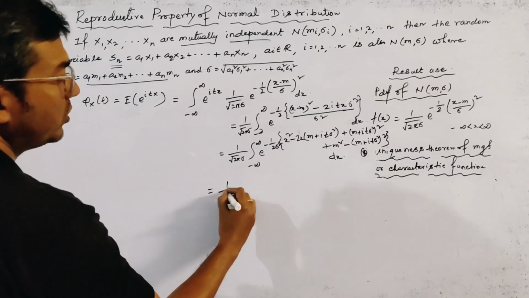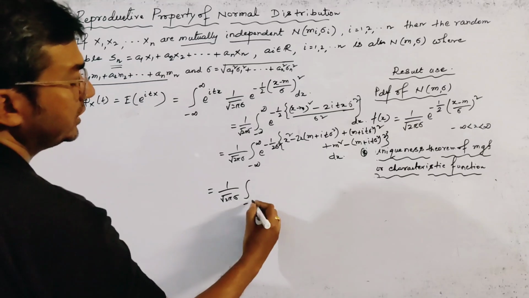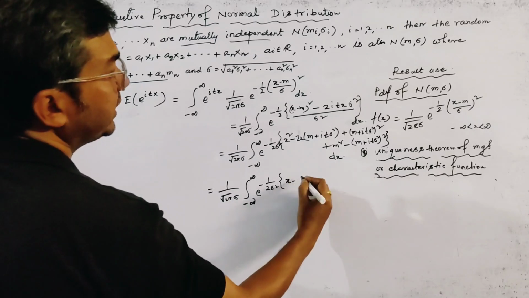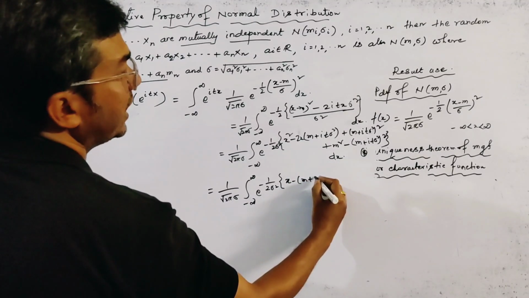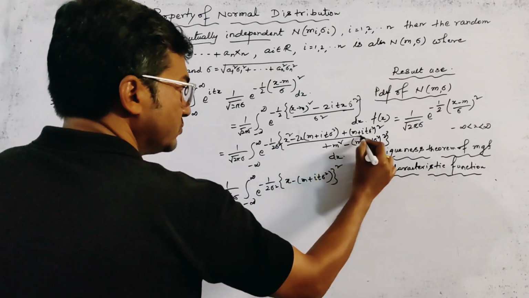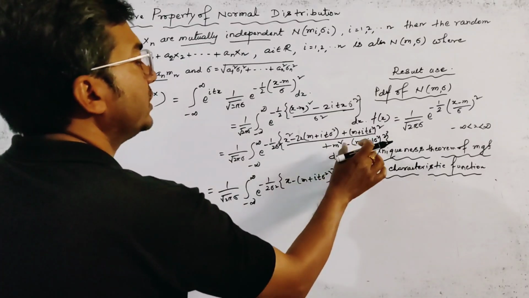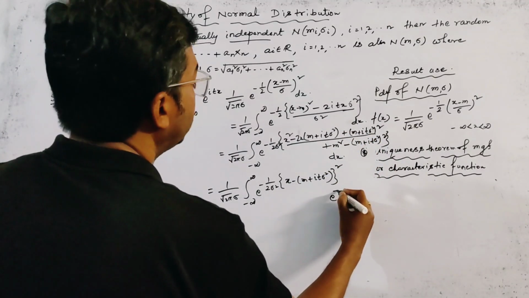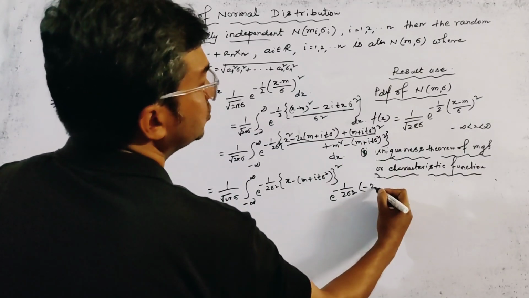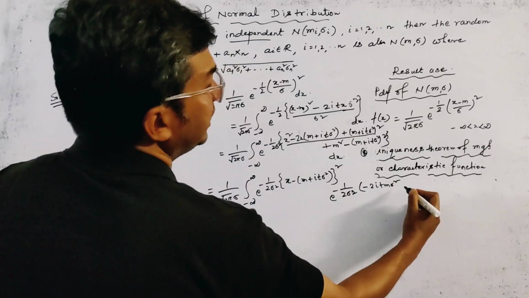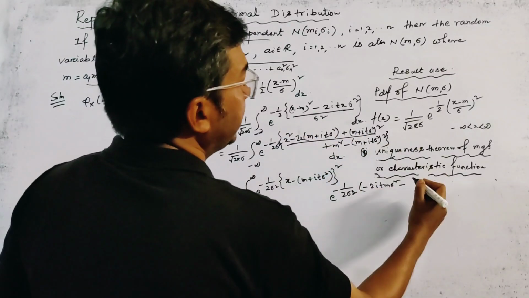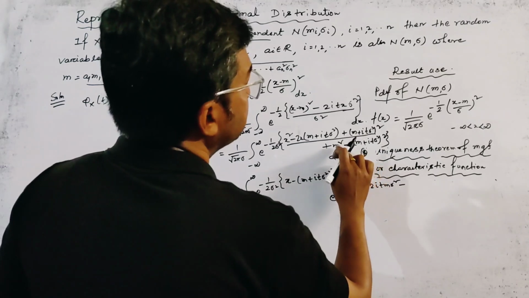So we write 1 by root 2 pi sigma into the integral from minus infinity to infinity of e to the power 1 by 2 sigma square into (x minus m plus i t sigma square) whole square, from the first three terms, and from the last two terms we again write e to the power minus 1 by 2 sigma square, and from this we get minus 2 i t m sigma square plus, this is also minus because i square is present, m square cancels out.